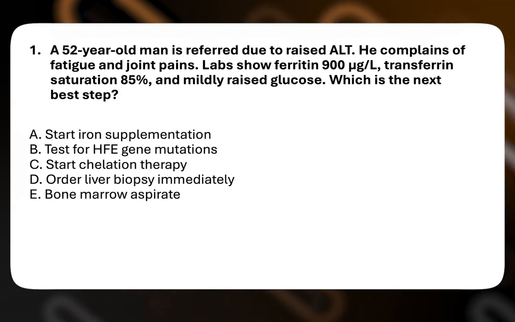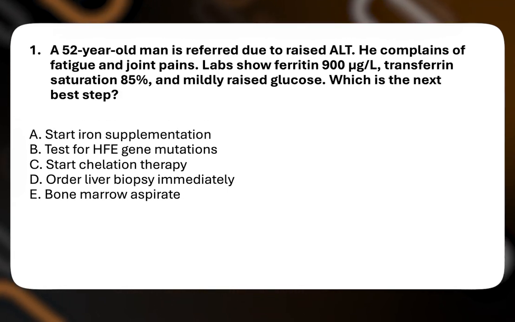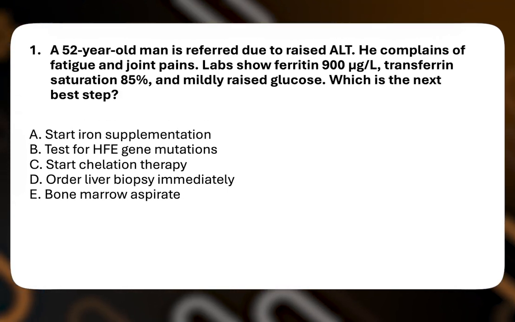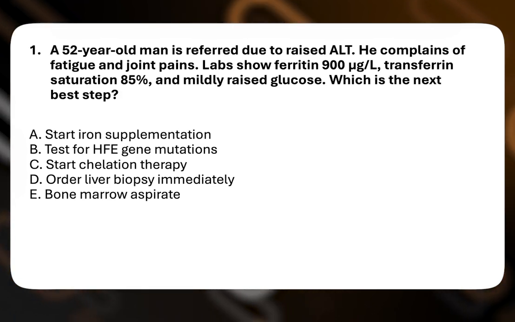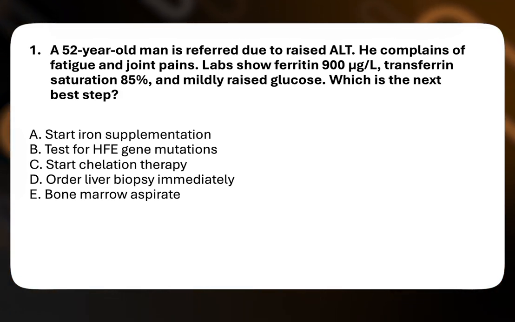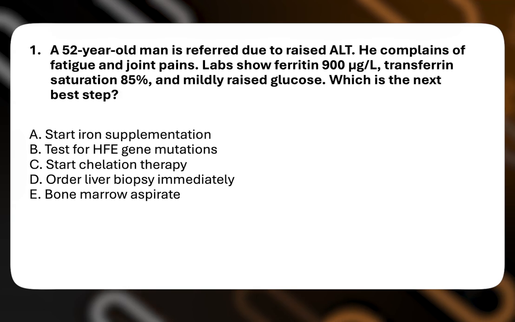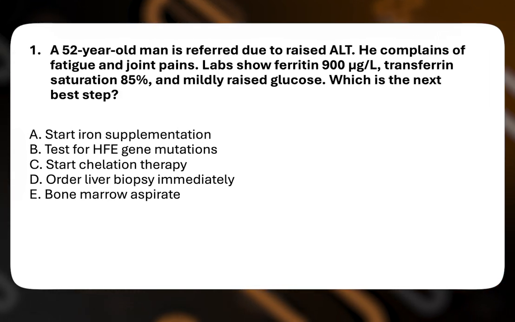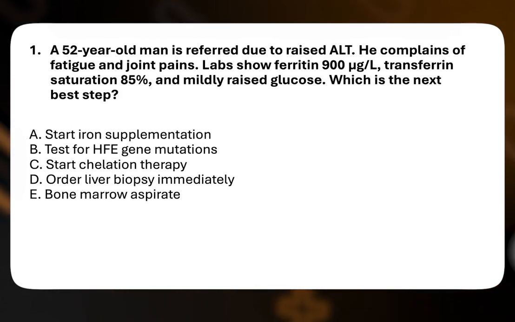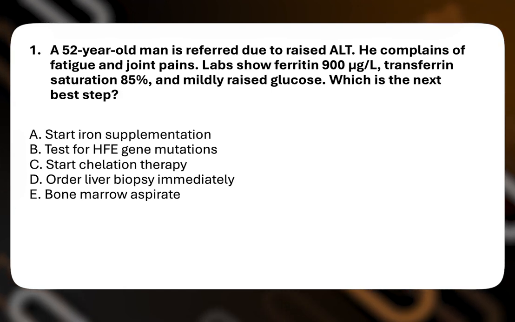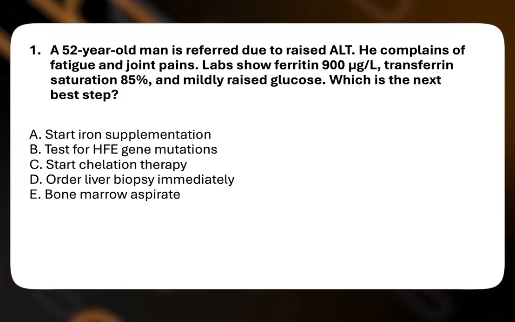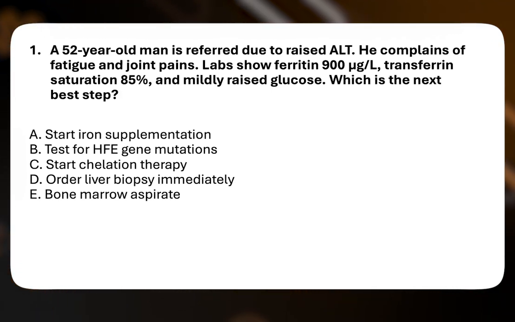Any further doubt on this, or clear? Thank you, sir. Sir, in case of acute phase reactant, ferritin will be raised. At that time, how can we assess? Yes, but then you have to rule out whether the patient has any acute phase reaction clinically, correct? Then you have to take transferrin saturation.